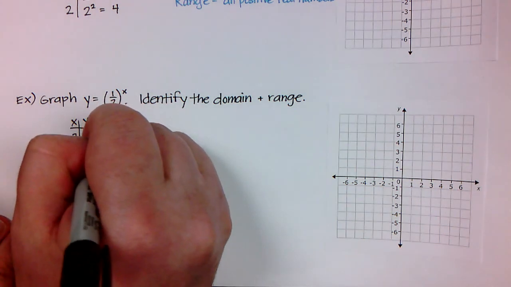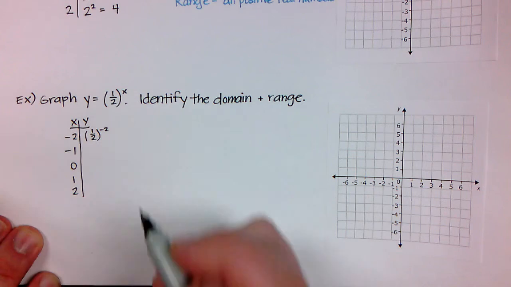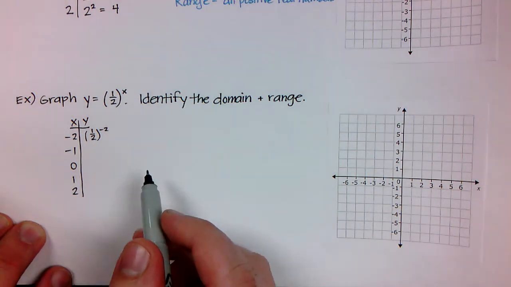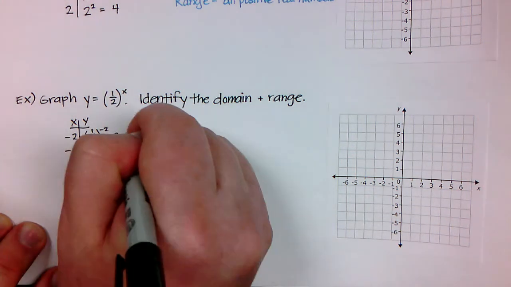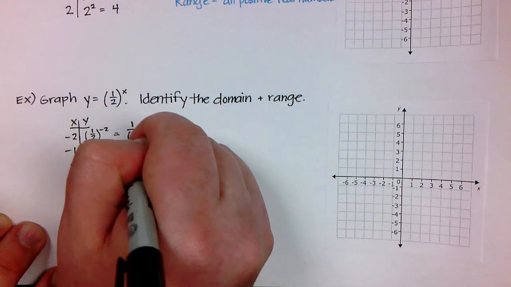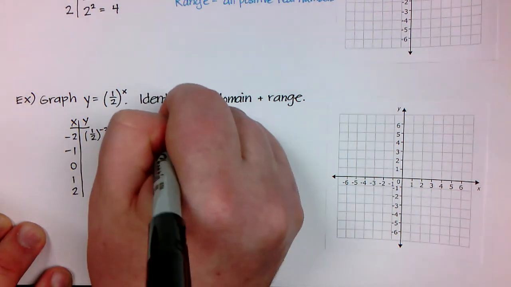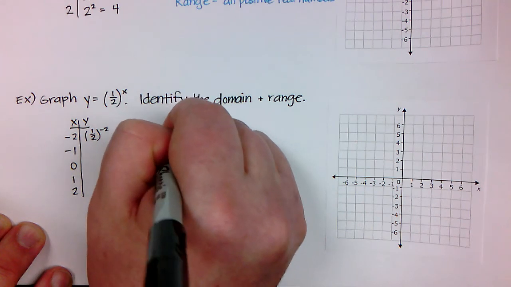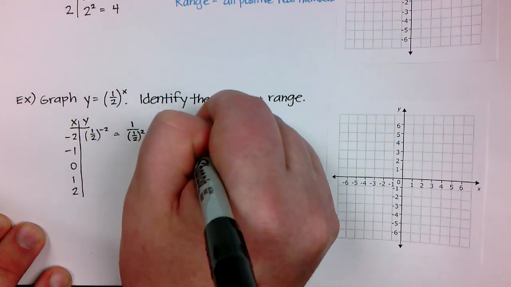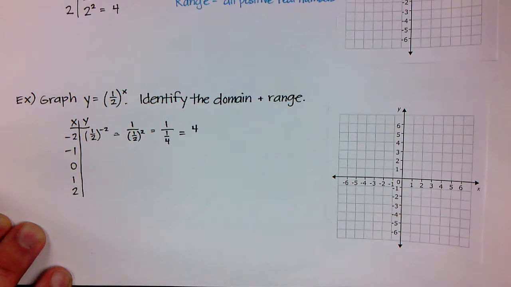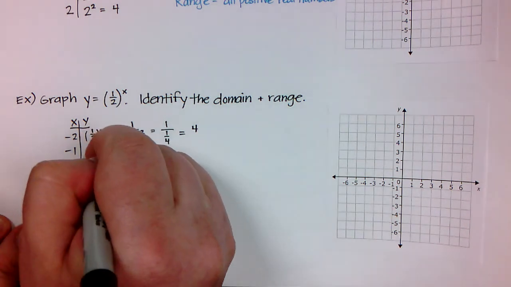So the first one is 1/2 to the -2 power. Okay, that's the same as 1 over 1/2 squared, which is 1 over 1/4. And the reciprocal of that is 4/1, which is just 4. Let's do the same thing with the -1.